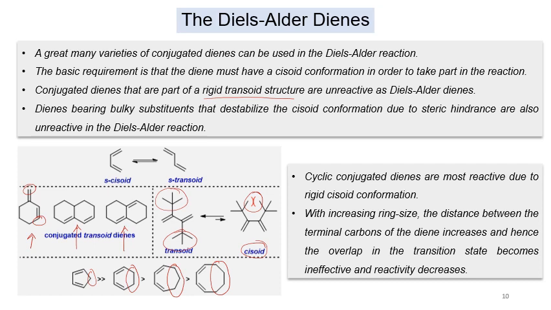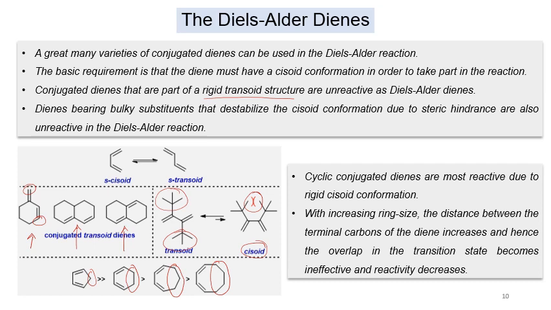With increasing ring size, the distance between the C1 and C4 of the diene increases. That is, the distance between the terminal carbons increases, and therefore the overlap in the transition state becomes quite ineffective, and because of which the reactivity decreases.